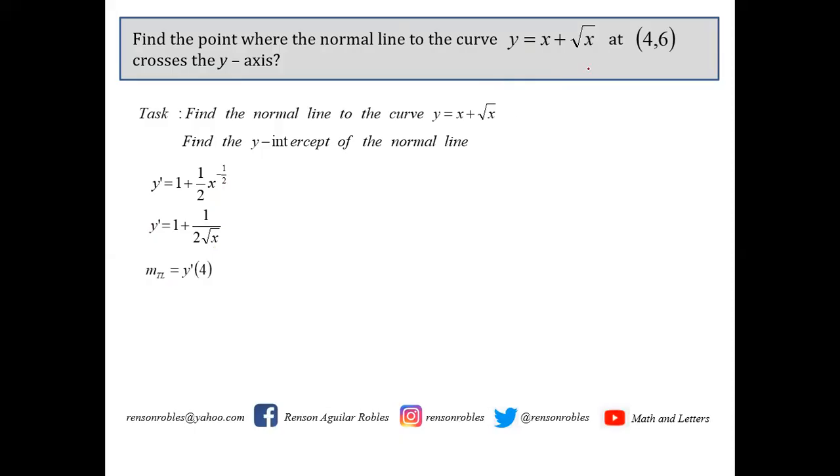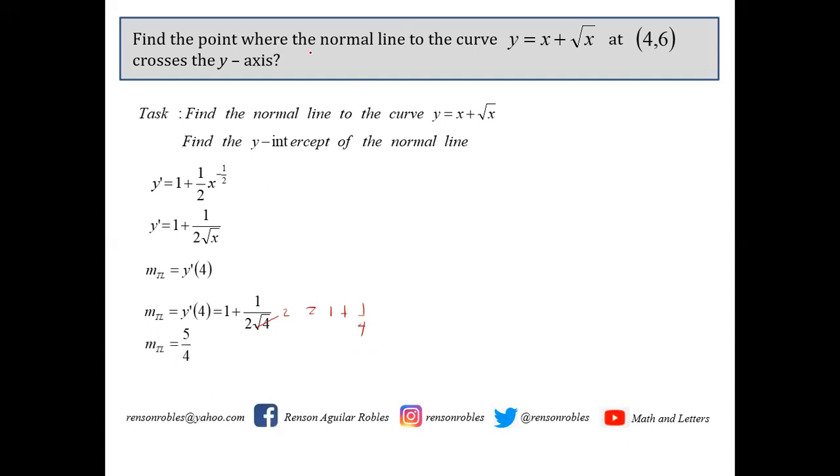And since the point of tangency is (4, 6), then the slope of the tangent line is given by y prime at 4, which is equal to 1 plus 1 all over 2 times the square root of 4. And you know that the square root of 4 is equal to 2. So we have 1 plus 1 all over 2 times 2. That's 4. So that's 1 plus 1/4, and that gives us 5/4. So that is the slope of the tangent line.